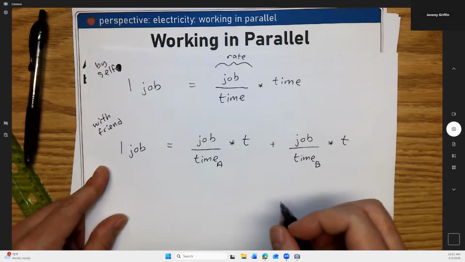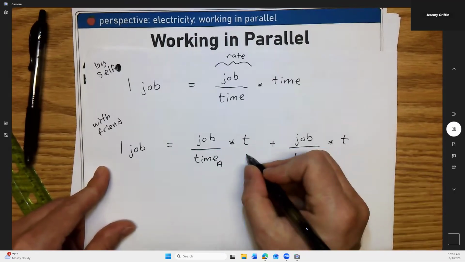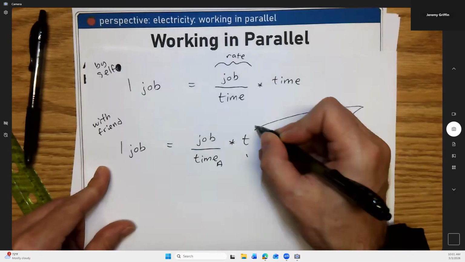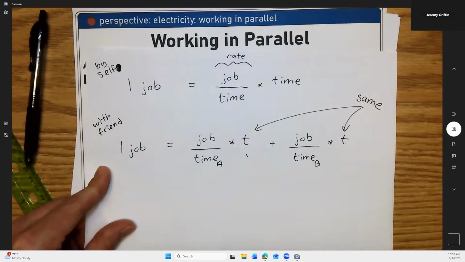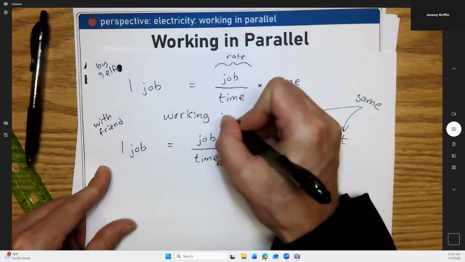Thing is that these two times right here are the same time because you're doing the job together and you're both working on it in parallel. This is called working in parallel.